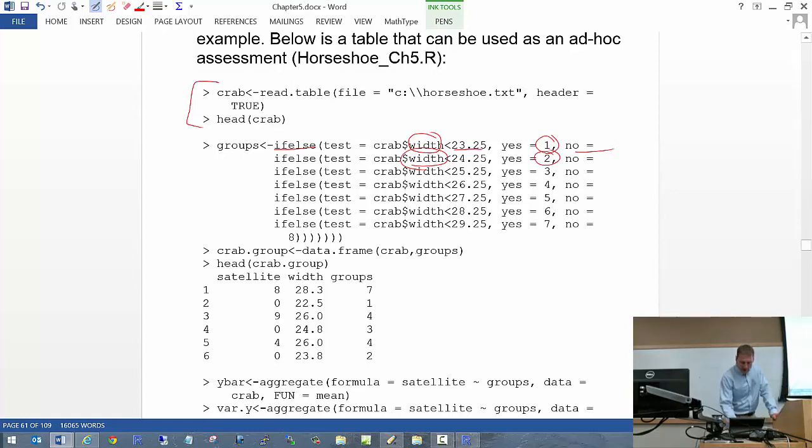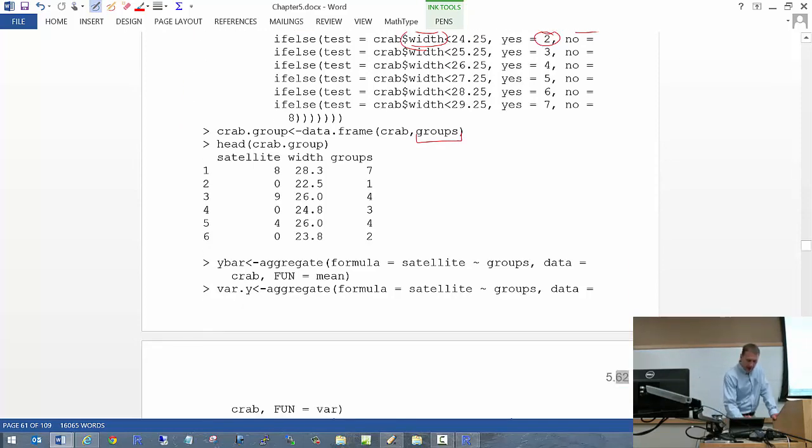I have an object now called groups resulting from that, and I put this in a data frame with my original crab data set. You can see observation 1 falls into group 7. Observation 2 falls into group 1. There are other ways to do these kinds of groups. There is a function called findInterval.